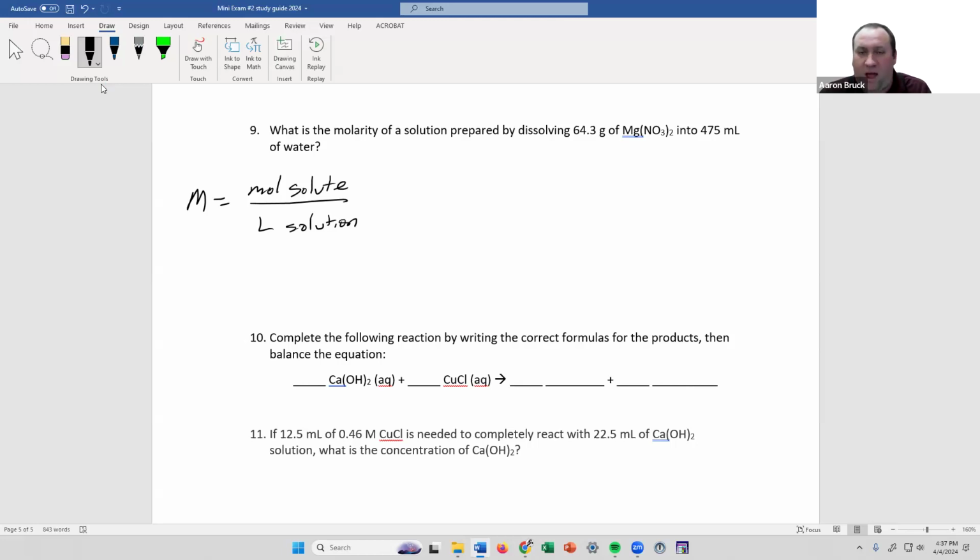So right now, we don't have either of those things. Now, it isn't going to take much to convert. So what we need to do is convert this grams into moles, and convert this milliliters into liters. That'll give us the moles and the liters that we need.